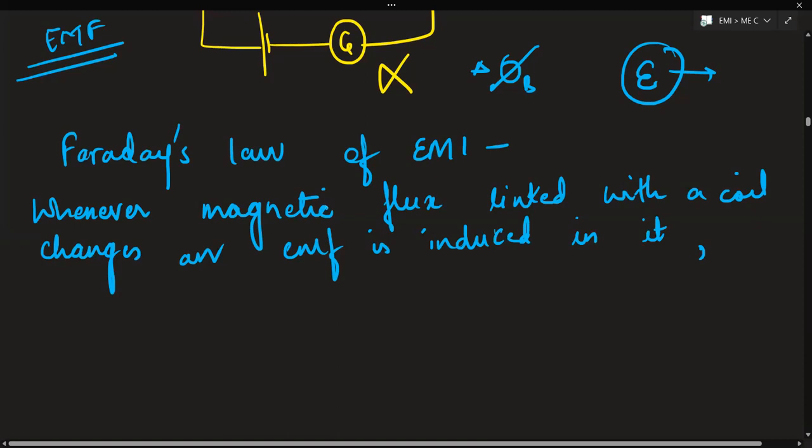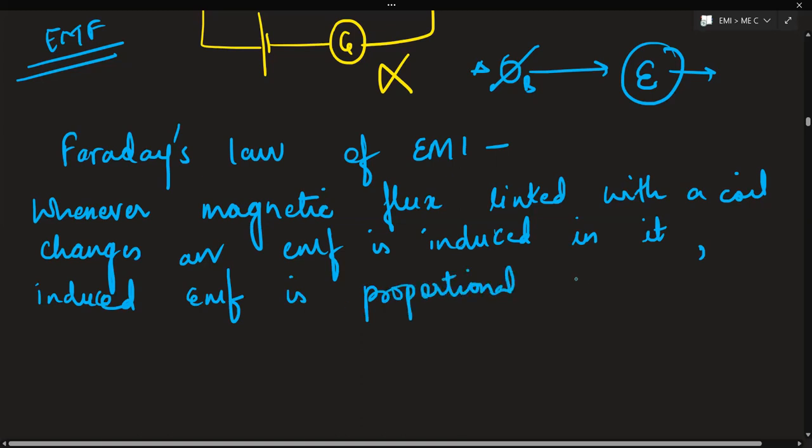See, the law is a single law, a single statement, in two parts. So whenever the flux changes, this occurs. And what happens further? The induced EMF is proportional to the rate of change of flux.